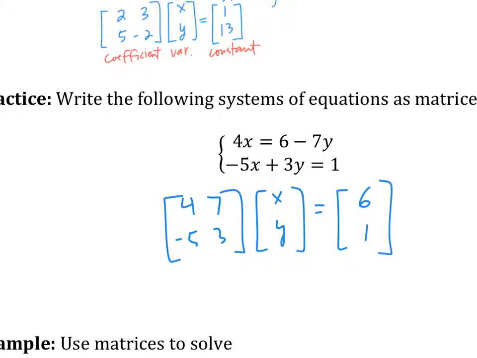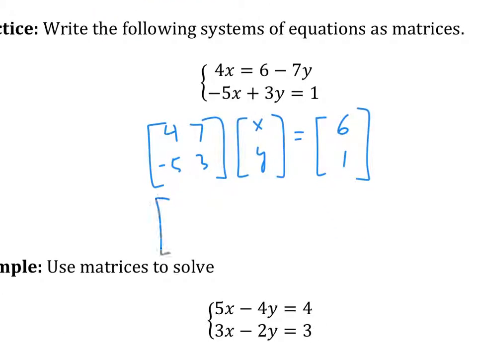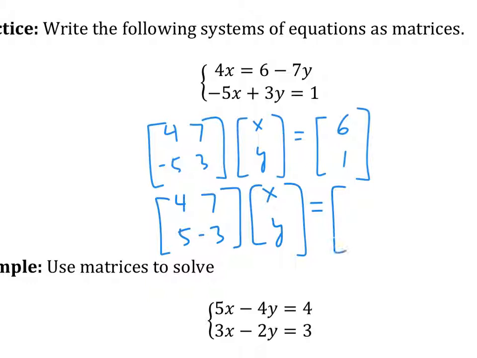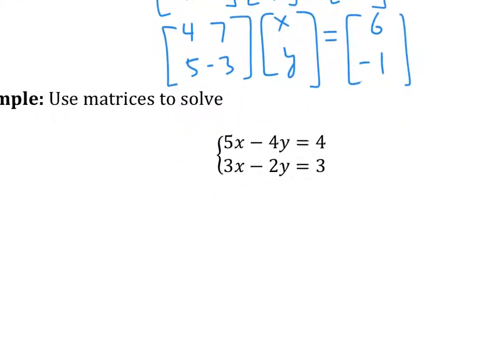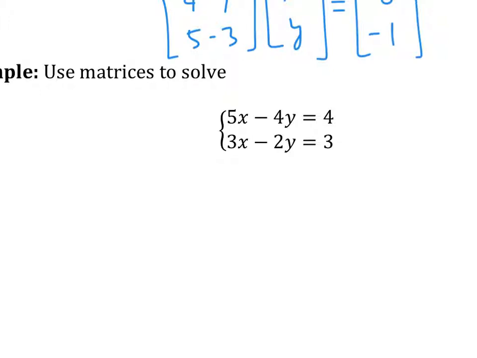Now, if you didn't set it up that way and you had the negatives differently from mine, which is okay, because remember that you could also have it 4, 7, let's say you do 5, negative 3, which is okay, but on the other side, you're not going to have a 6, 1, you're going to have a 6, negative 1, and that's okay, because you just moved it differently. The negative doesn't matter. Okay, now that you know how to set it up, we are going to solve, and I think you should be able to solve it, right?